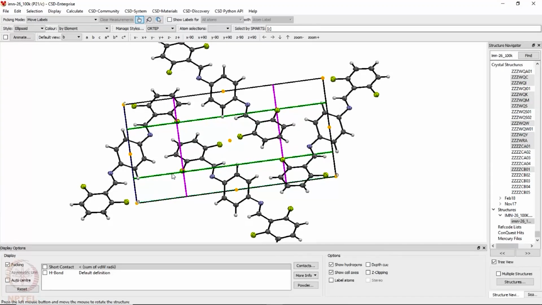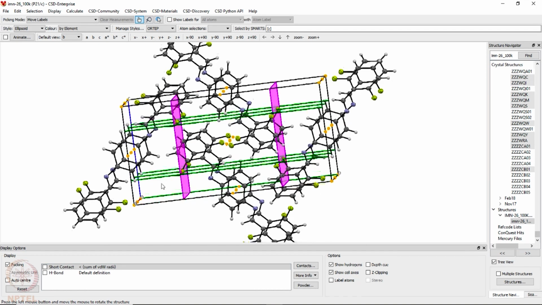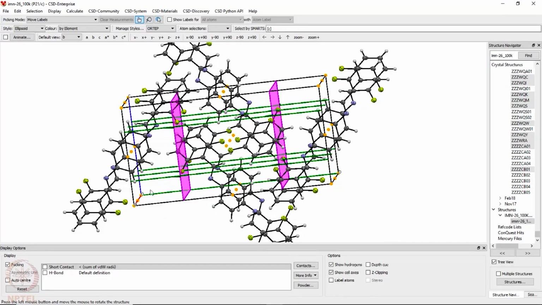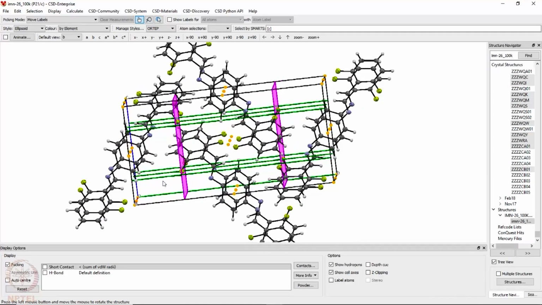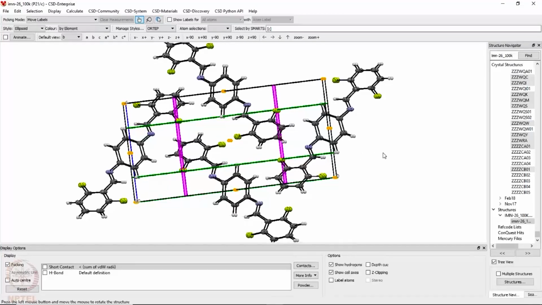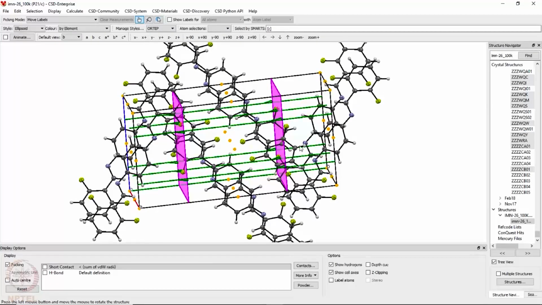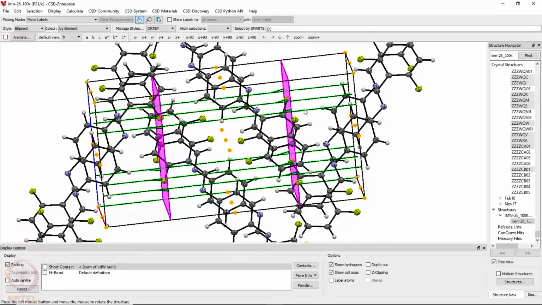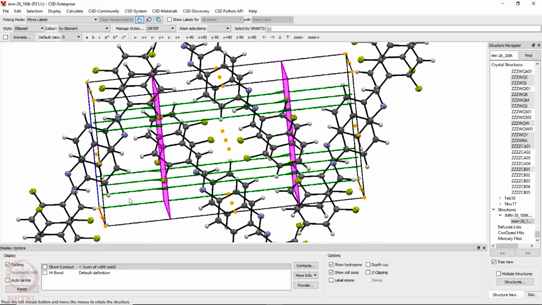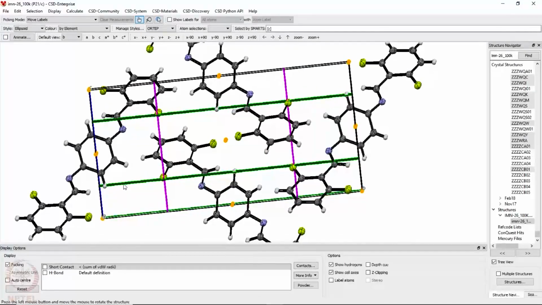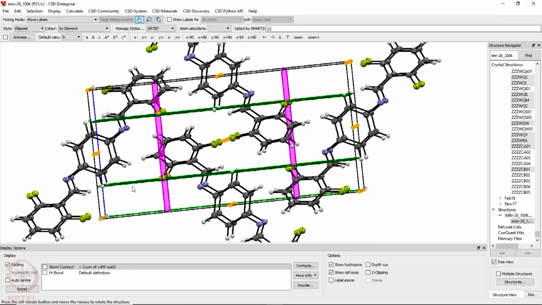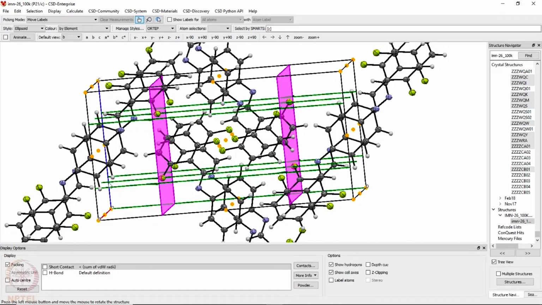In case of P21/c, as we have learned in our class, if you consider the origin at 0, 0, 0, which is the center of inversion, then with respect to that origin, the screw axes, these green lines, are shifted 1/4 along C. If you look at that from OC, the origin is here.